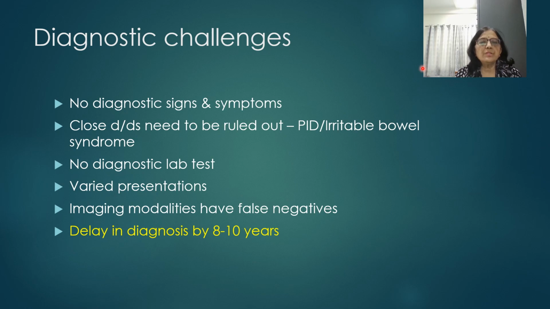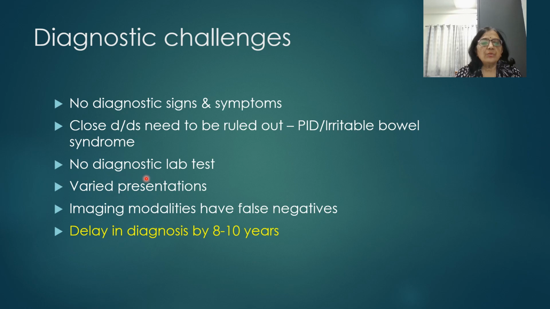Now, it is a disease which is associated with difficulty in diagnosis. Diagnostic challenges are there because there are no specific diagnostic signs and symptoms for this disease. Close differential diagnoses need to be ruled out; especially pelvic inflammatory disease and irritable bowel syndrome do mimic it, and for many years patients are being treated for these conditions and the diagnosis of endometriosis is missed.